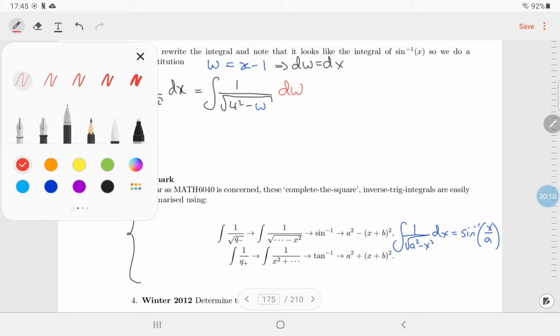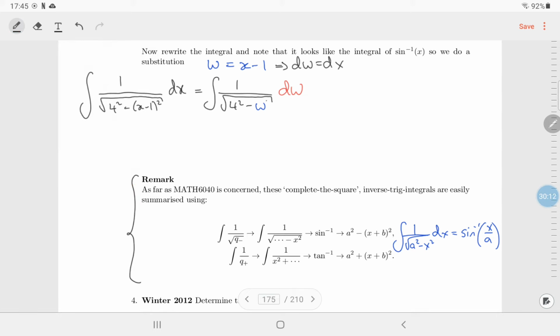So now this is in the tables. We're looking at the blue formula in the bottom right of the screen, and the antiderivative of 1 over the square root of 4 squared minus w squared. You have to be able to see that a squared, 4 squared pattern spotting.